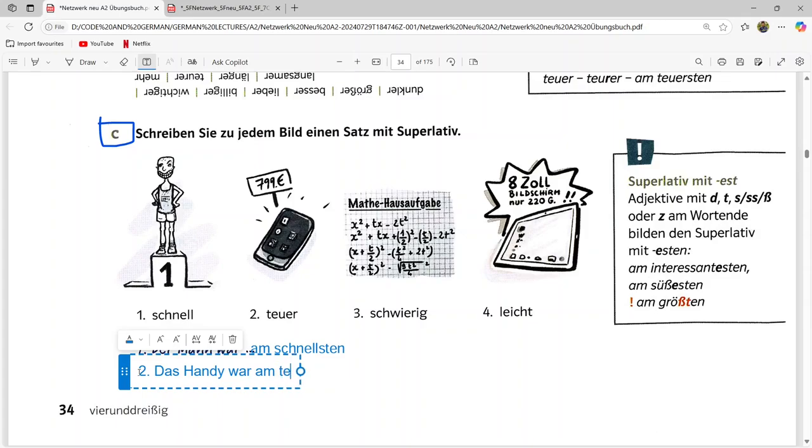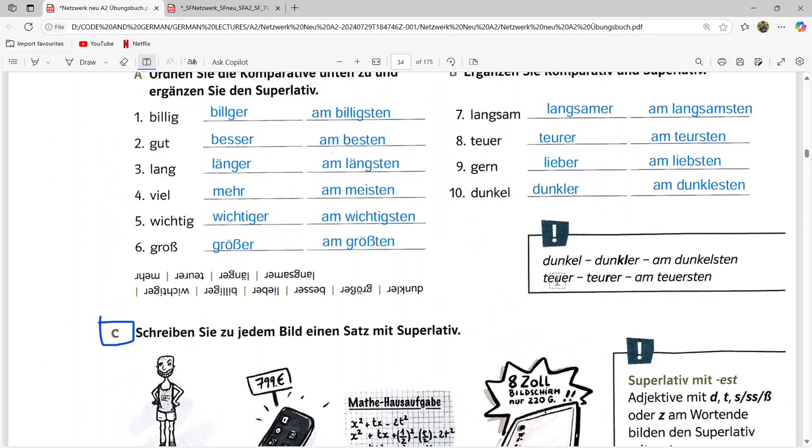So teuer like this. Okay, so the changes, you can see the changes in the comparative only. In the superlative, the E is added again. So in the superlative, E is added again.